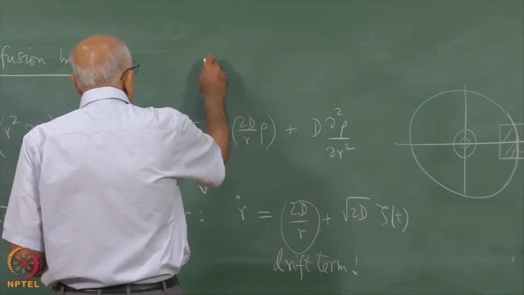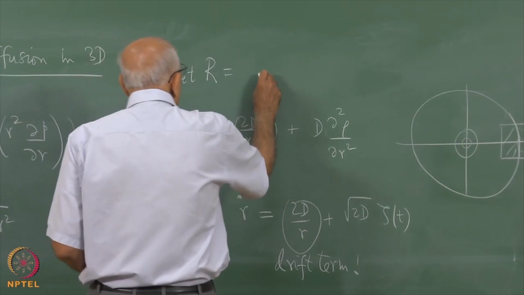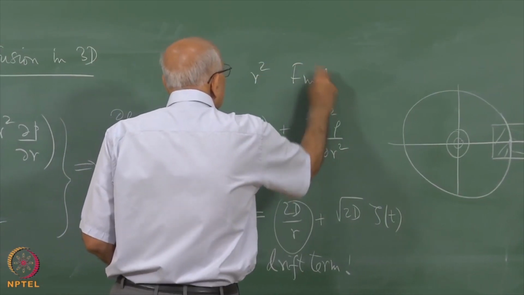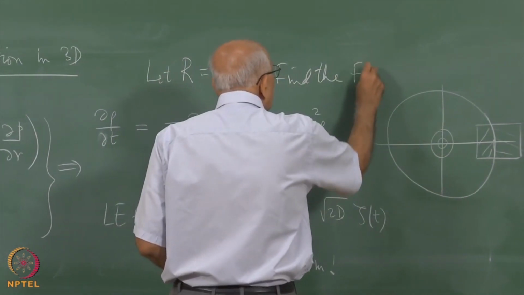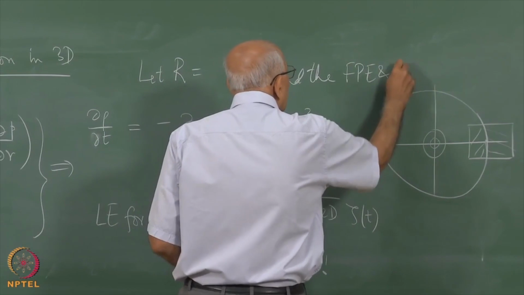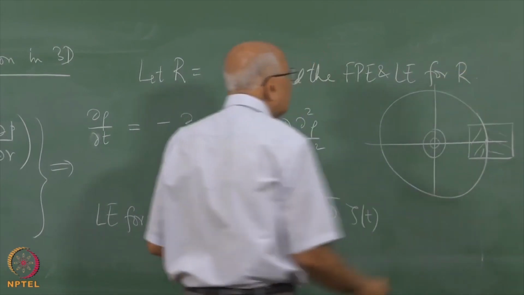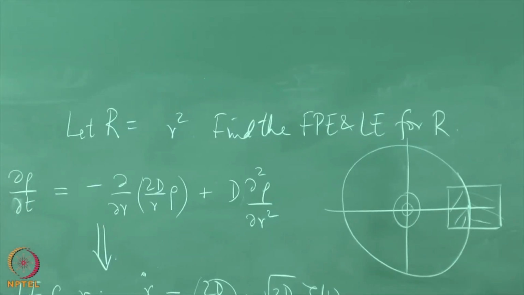So let r equal to r squared. Find the Fokker-Planck equation and Langevin equation for r, without a square root in this case.